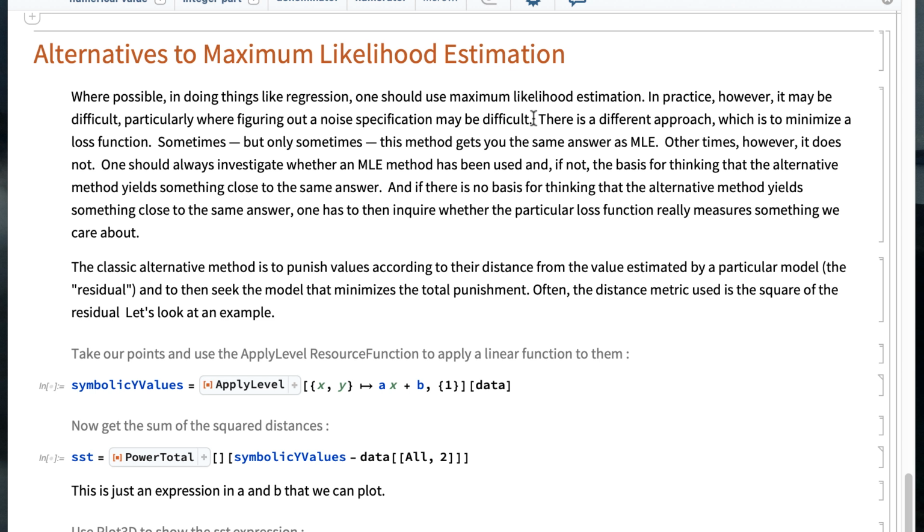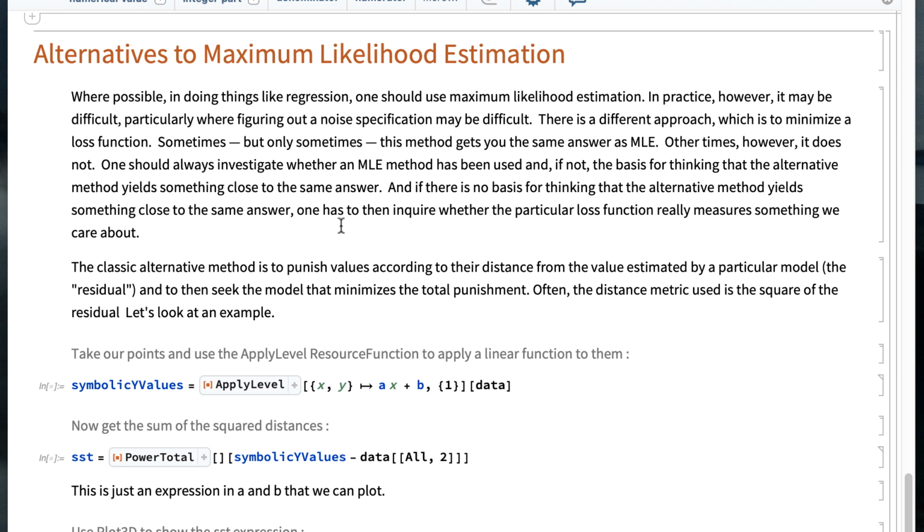But if you see someone using a loss function, or in fact, if you see them doing a regression or other statistical analysis, it's fair game to ask whether a maximum likelihood estimation method has been used, and if not, why do they think that their penalty method gets something close to the same answer? If it doesn't get close to the same answer, then that's a basis for criticism of their regression or other statistical method.